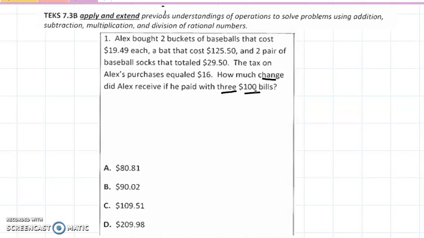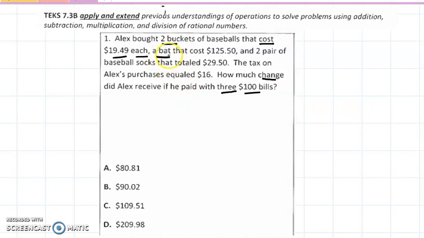And so think about, okay, what do I have to do to figure out how much he spent? Well, you have to total up all the costs. It tells you that 2 buckets cost $19.49 each. Now the word each means each one. He bought 2 of them, so remember that. Then a bat.